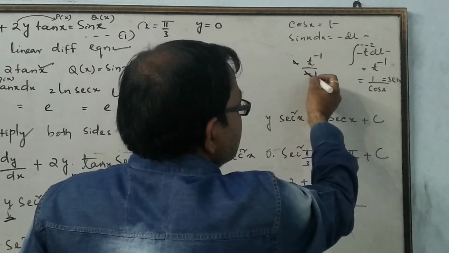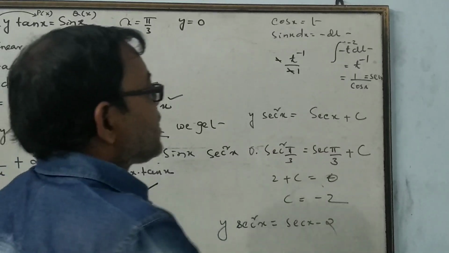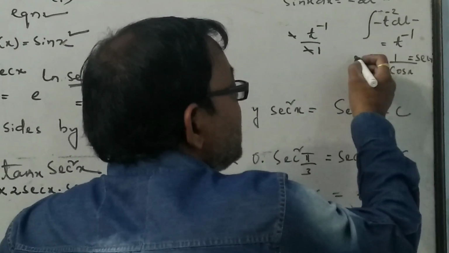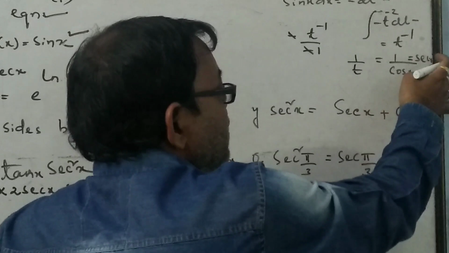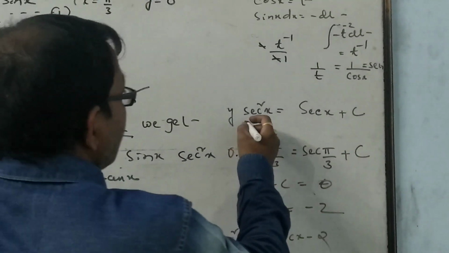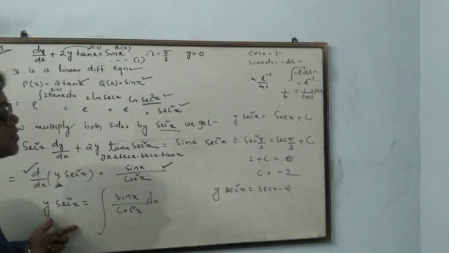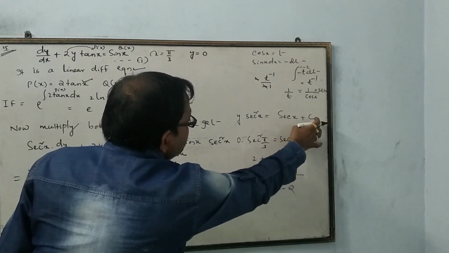Minus minus plus, it is t to the power minus 1. t to the power minus 1 is 1/t, and this is 1/cos x, which is sec x. So y sec² x = sec x + c.